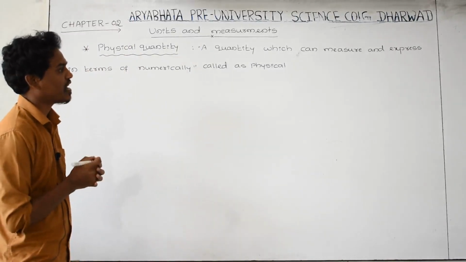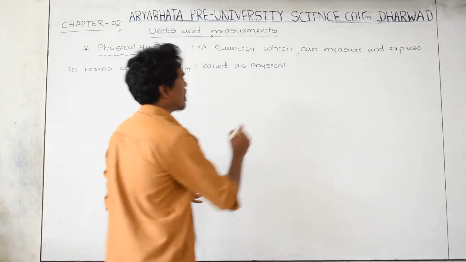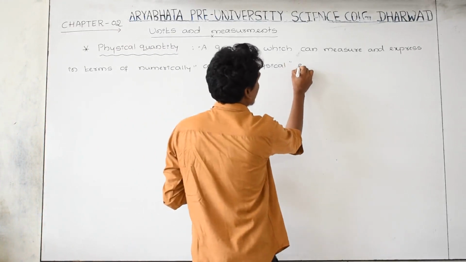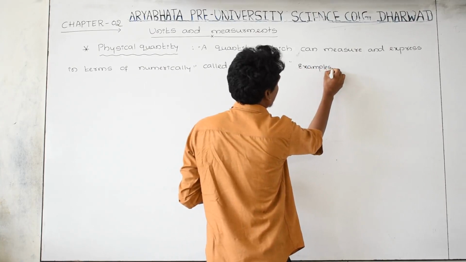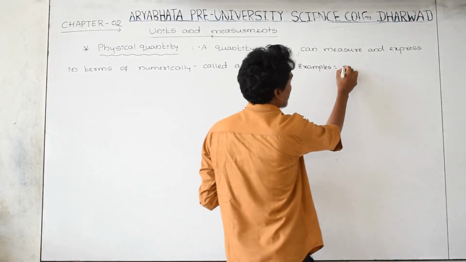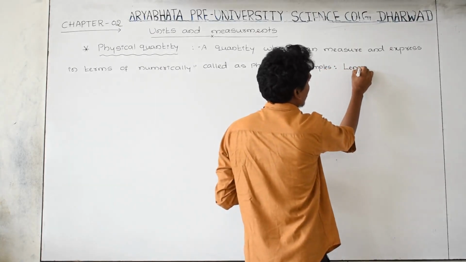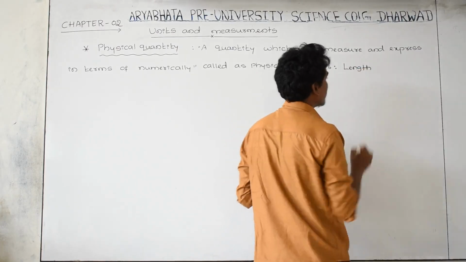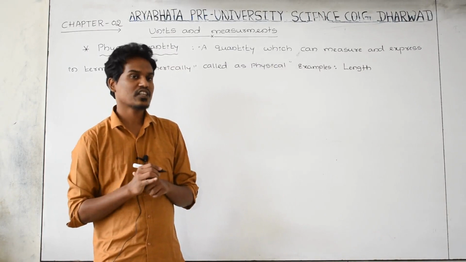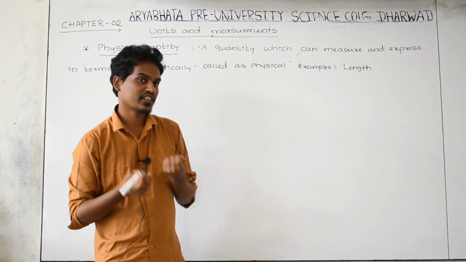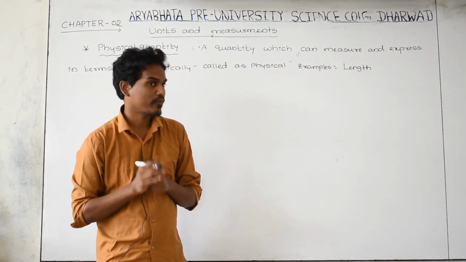Many examples are there, as you know very well. First one, length. Length is a physical quantity which can be measured, as well as expressed in terms of a numerical value. How?